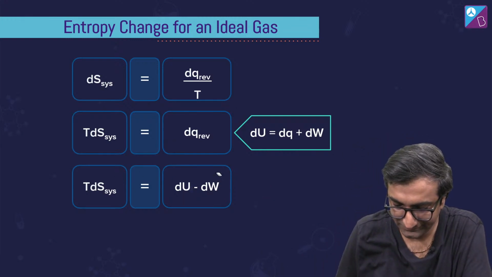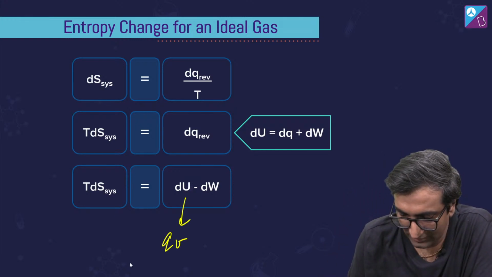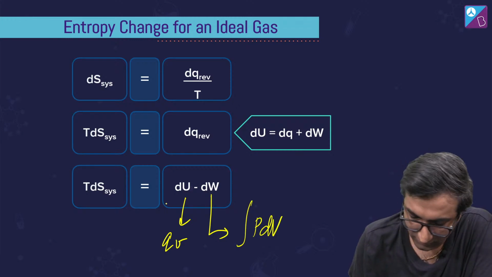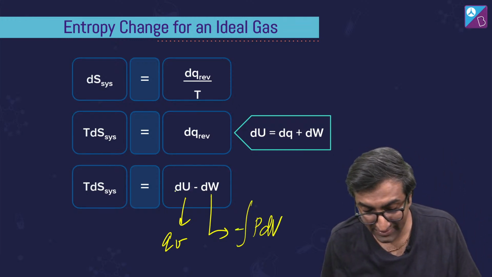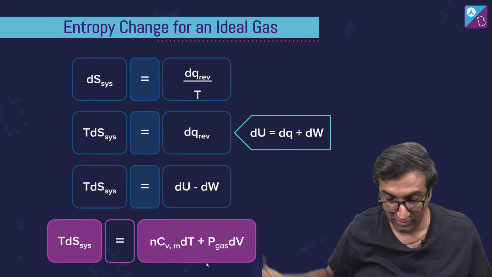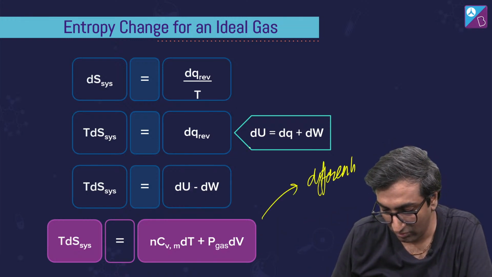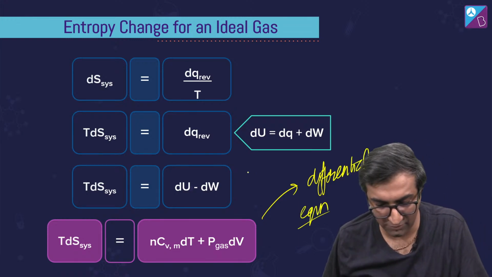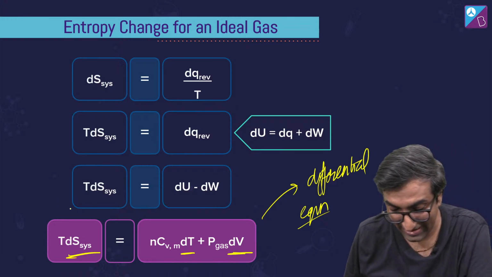कैसे करेंगे calculate? I know that this is the same as dU, which is n Cv dT. I know that this is integral of P dV. Or rather negative integral of P dV. So when I substitute that, I get this beautiful differential equation. Don't worry, I'm not going to scare you. इसको differential equation बोलते हैं. And this is a partial differential equation because you've got multiple variables. It's a little weird. You've got dT, you've got dV, you've got dS.